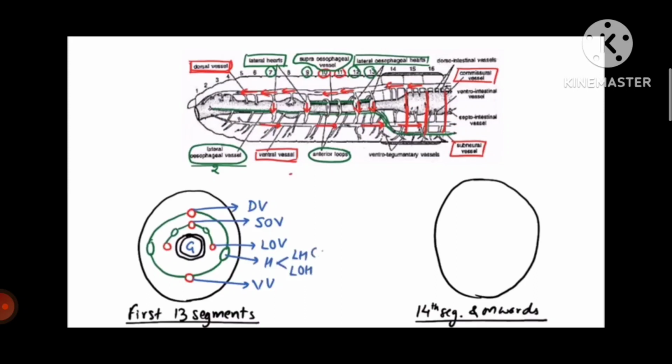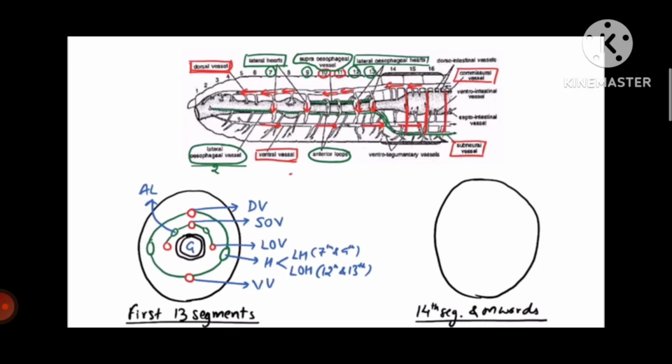Lateral hearts are found in 7th and 9th segment, while lateral esophageal hearts are found in 12th and 13th segments. Now, these are anterior loops which are connecting the supraesophageal vessel with lateral esophageal vessels.